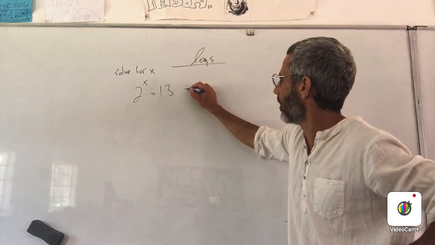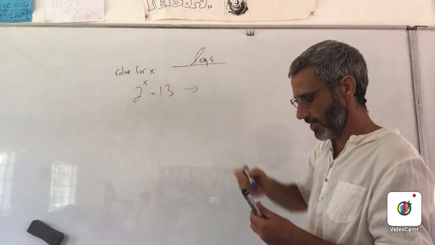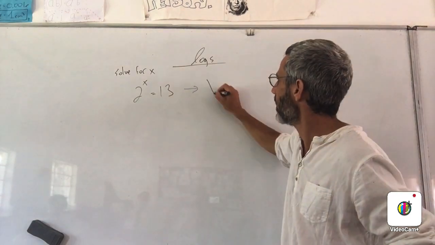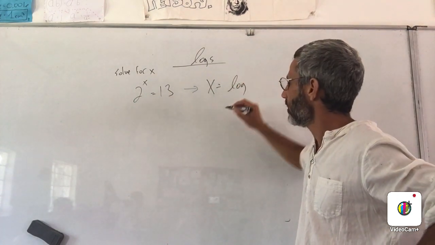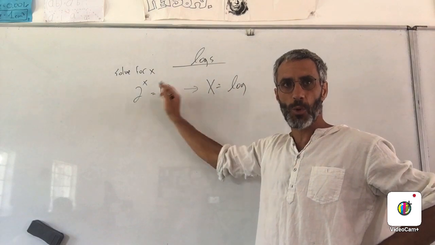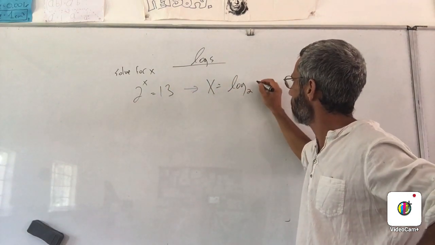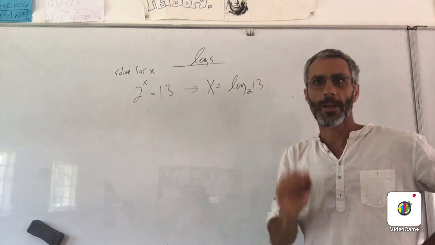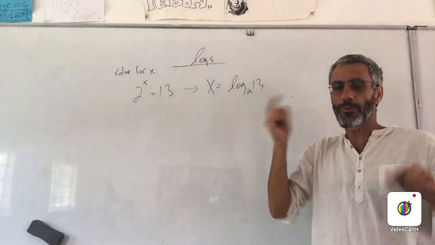Come on guys, by now I'm expecting some of you to be able to answer that. What does x equal? Log, okay? So you always jump between exponent, log, exponent. If the base is 2, it's still going to be base 2 here. Log of 13.